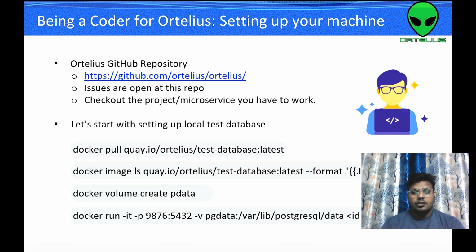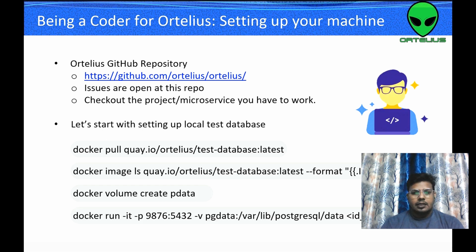We open all the issues at this repository, because we don't want to open issues in multiple places. So this is the one place where you can find all the issues related to the Ortelius project. And you can check out the project or microservice that you have to work on, and you can set up your local test DB to run your application.